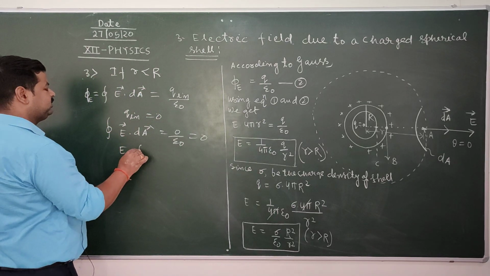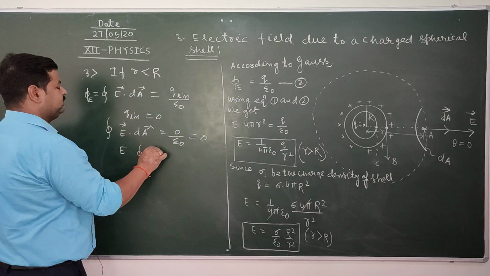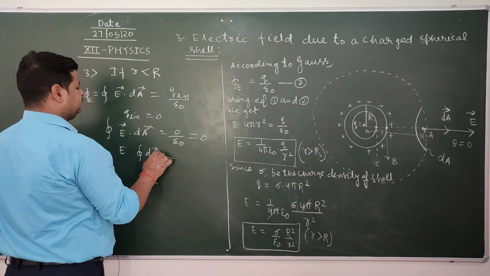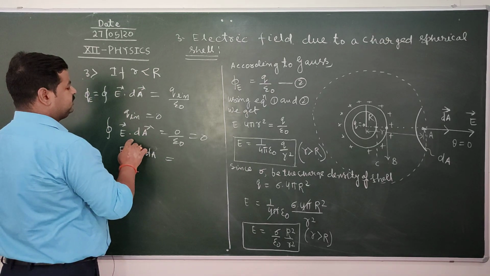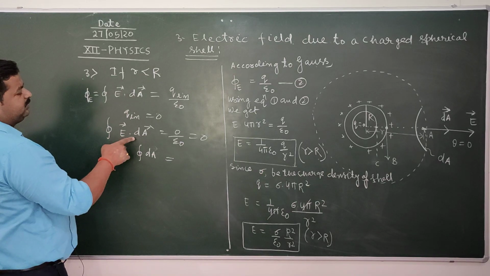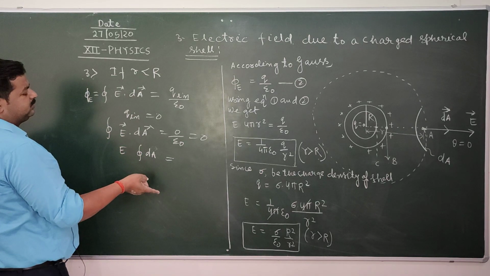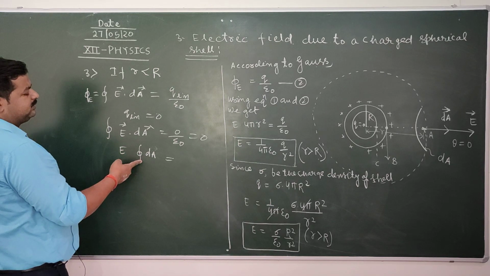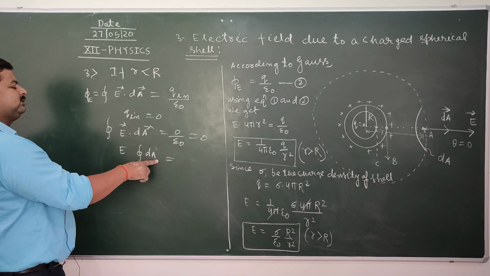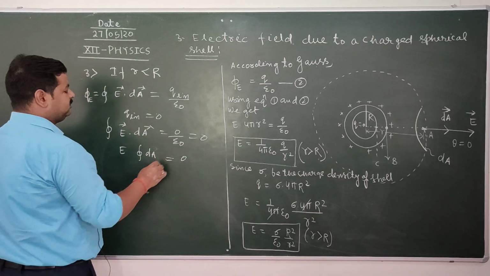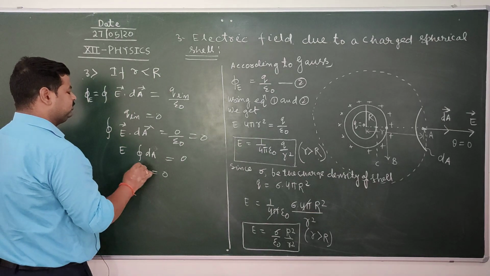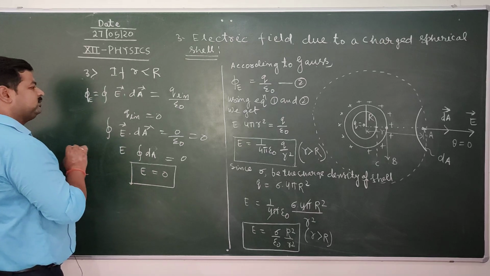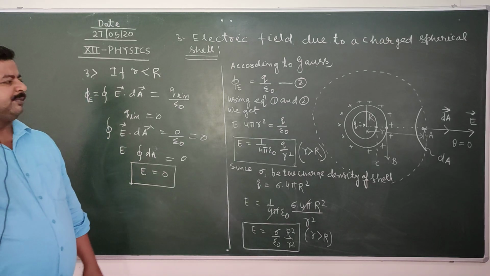So from this expression we write E dA cos 0, where cos 0 is equal to 1. So E comes out of the integration sign, and here we write the integral of dA. So this is equal to 0, therefore E is equal to 0. So this is the electric field inside the spherical cell.